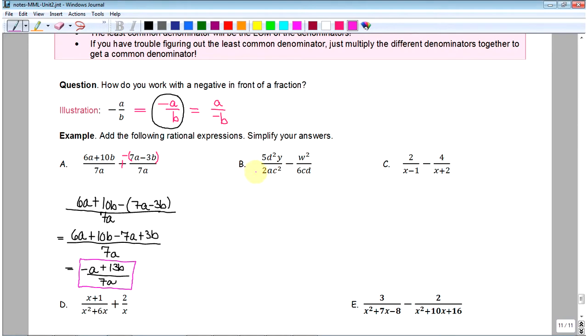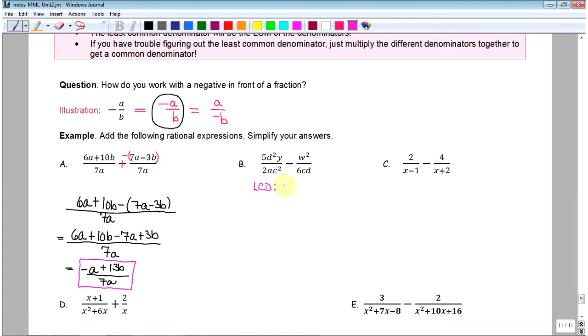All right, for part B, we have two different denominators, so we need to figure out what is our least common denominator. So we can start with the numbers. So what number goes into both? What is the smallest number that both of these numbers go into?